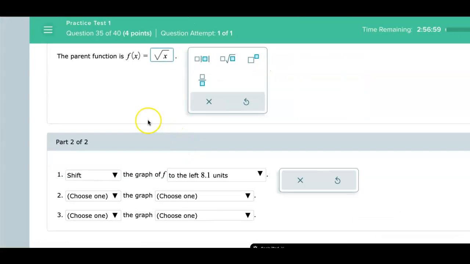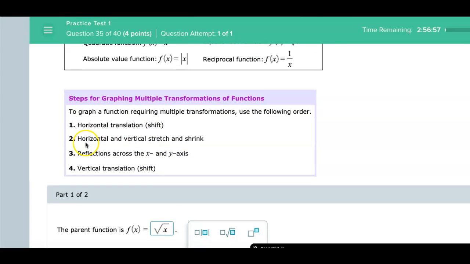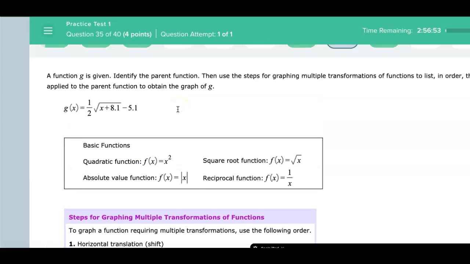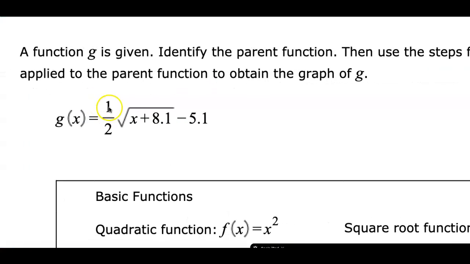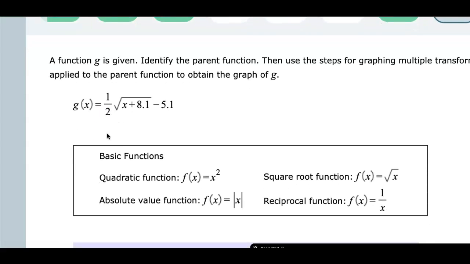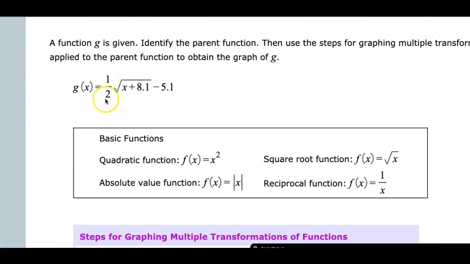All right, the next one should be horizontal and vertical stretch and shrink. Okay. I'm multiplying this by 1/2. So this will make the graph wider, but if I'm following their wording, multiplying by 1/2.